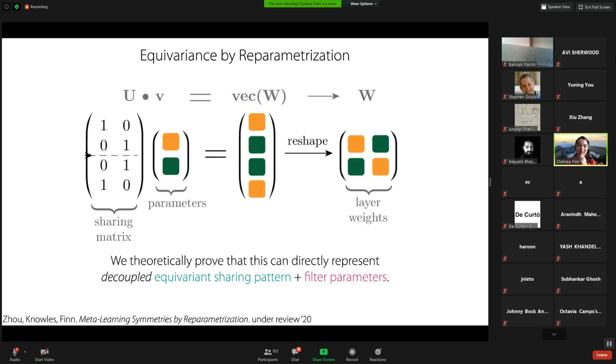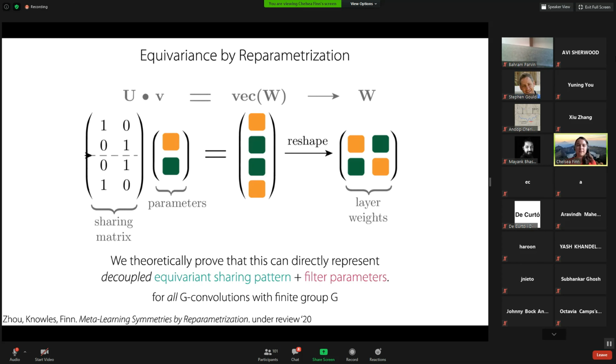Essentially a way to represent different ways of sharing parameters. And it turns out that we can theoretically prove that this reparameterization can directly represent decoupled equivariant sharing patterns and filter parameters. And we can prove this for all group convolutions for finite groups G. This is pretty nice because it is a means to decouple certain kinds of structure, in particular equivariant and invariant structures, where invariance is a special case of equivariance, from the underlying shared parameters themselves.